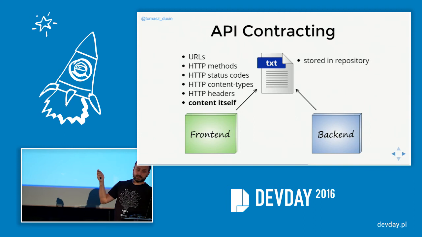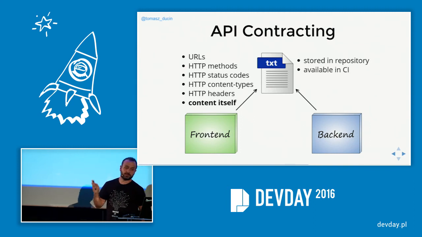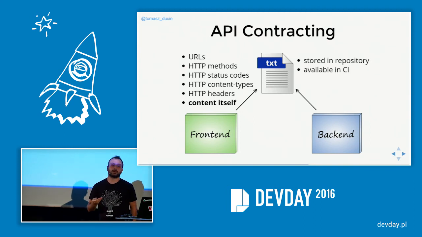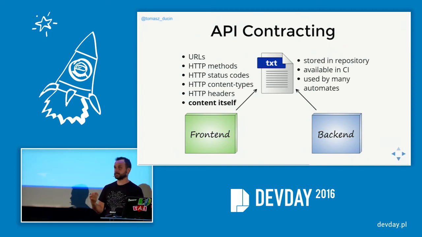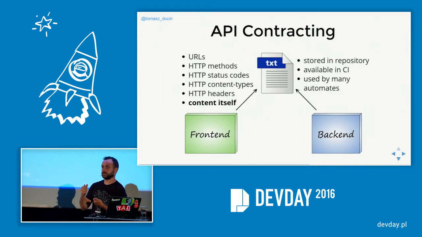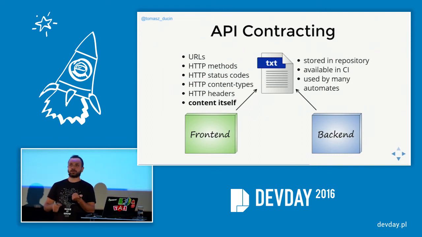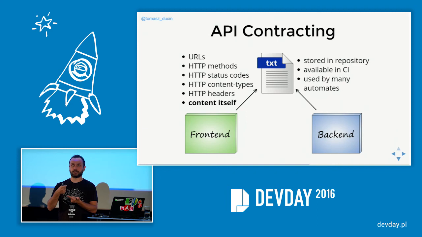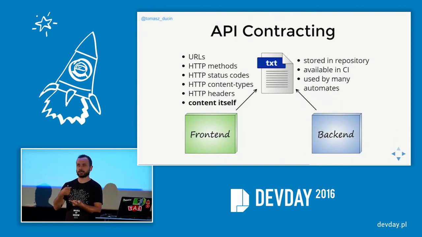Such a contract is just a text file. It's stored in the repository, it's available in the continuous integration environment, and it can be used for various automations, including documentation generators, automatic tests for the backend, automatic mock generation, and that kind of stuff.